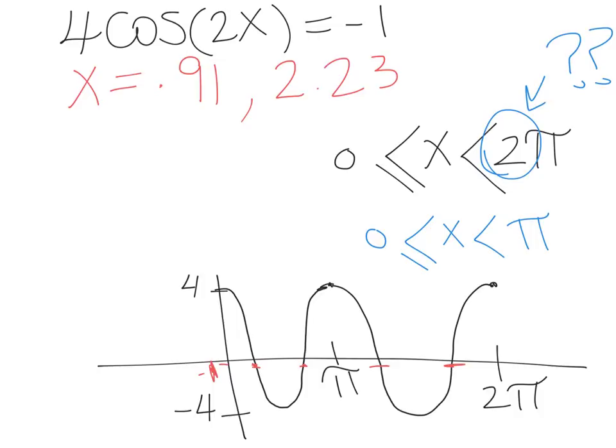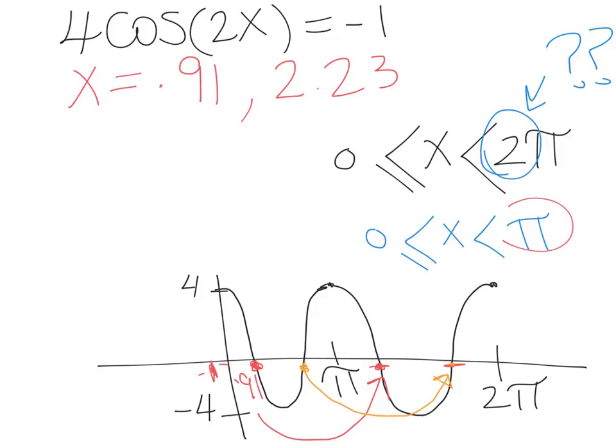How you find this is you just think about the period. The period is pi, so I know the graph repeats every pi. This answer right here, 0.91, will repeat again every pi length. If I add 3.14 to 0.91, I'm going to get the next answer in the same spot in the second cycle. If I do the same thing to 2.23, I will get the second answer in the second cycle.